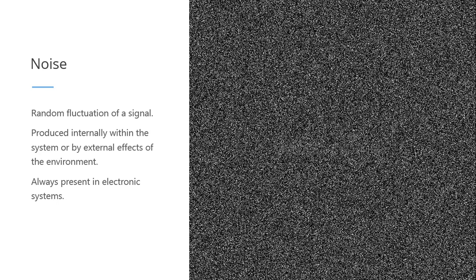So in electronics communication, noise is termed as any random fluctuation of a signal that affects our system. Noise could come from within the system. The components themselves in the system could contribute to noise, which is actually most of the noise that might come in.